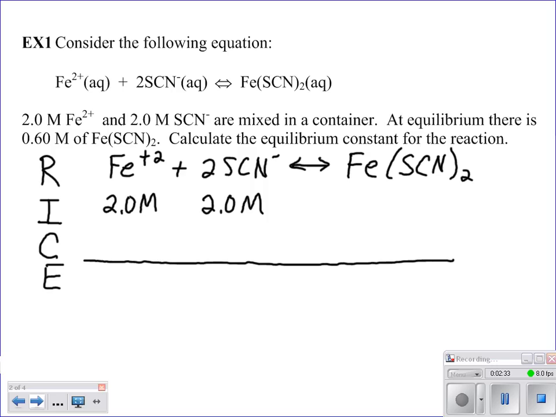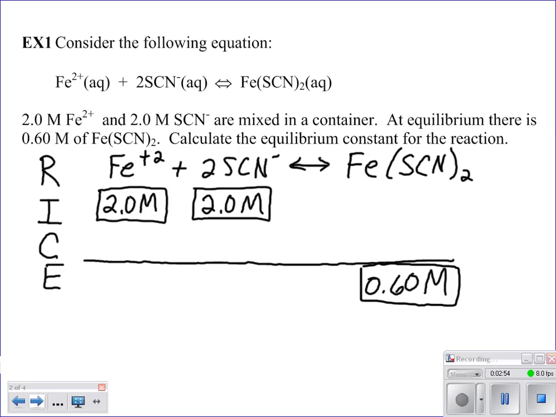There's going to be a change that takes place, but at equilibrium, we know that we have 0.6 molar FeSCN2+. So that information is given to us. Maybe I'll even go ahead and put some rectangles around there to help you remember what was given and now how we can go about calculating the rest of this.